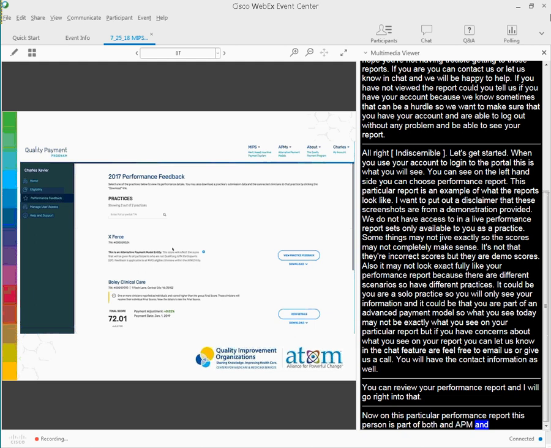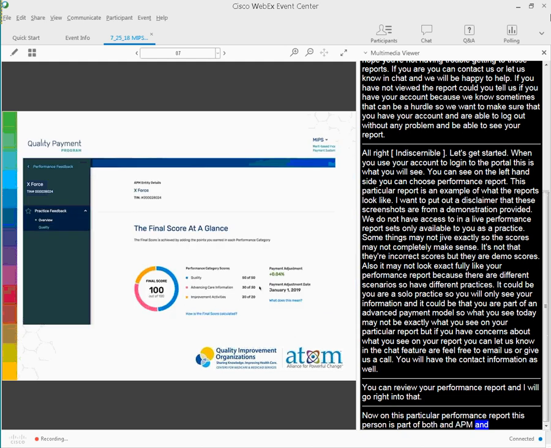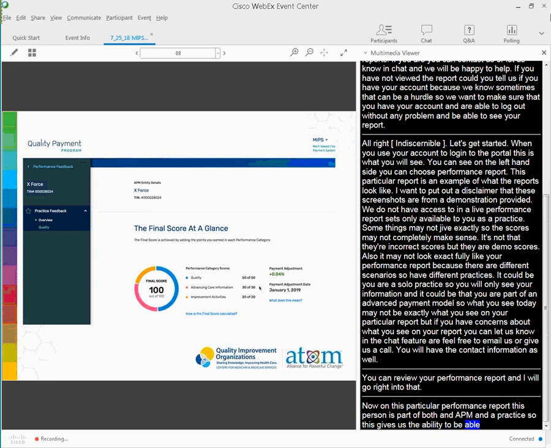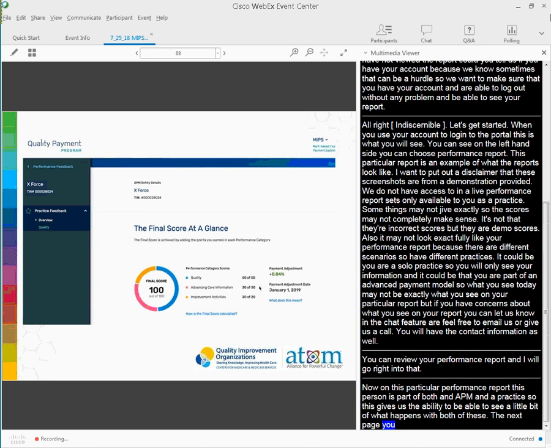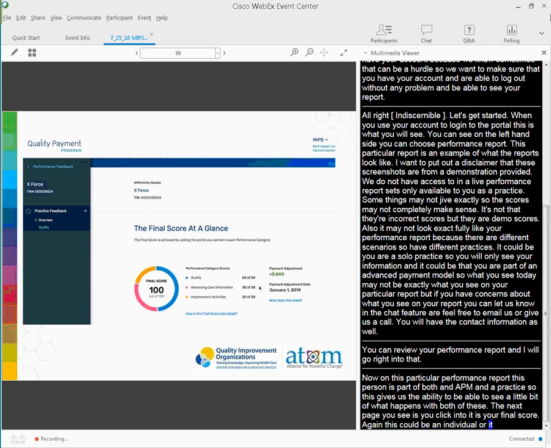So this gives us the ability to be able to see a little bit of what happens with both of these. And the next page you see as you click into it is your final score at a glance. Again, this could be an individual, it could be a practice, but you will see that here.